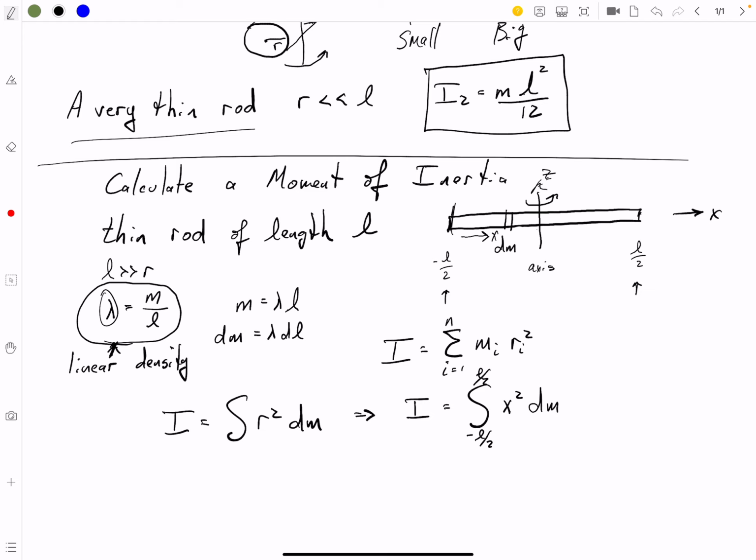There's a reason for choosing your limits the way that you do. Like, why didn't we start out at 0 and go all the way to L? There's all kinds of reasons. So, fine.